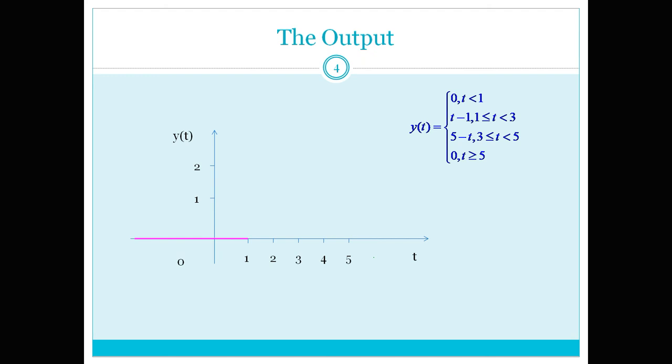At t equal to 4, the case is different, this is the 5 minus t case, so 5 minus 4 will be 1 again. At t equal to 5, its value is 0 again. At t equal to 6, 0. T equal to 7, 0. And it will be 0 up to minus infinity. So this is the diagram.